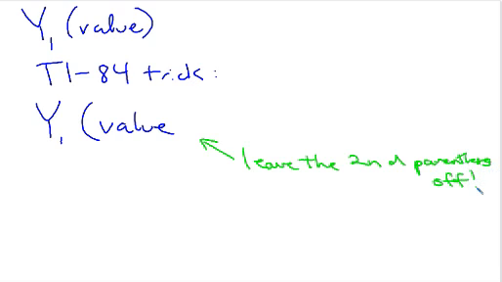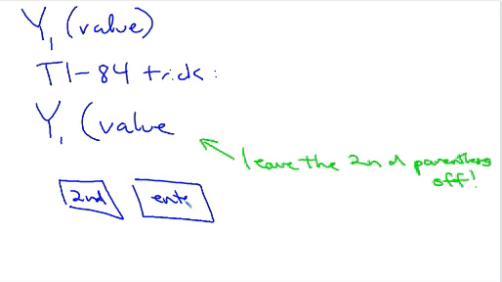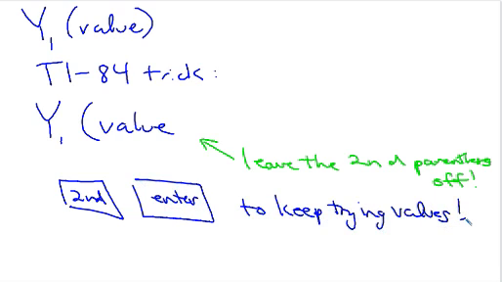All right, leave the second parenthesis off, and then just use second enter to keep trying values. Now, I really don't care if you do it that way or if you do it on the table. I really don't care of the graphing calculator. I'm just showing you another option so you can see which one you like the best.